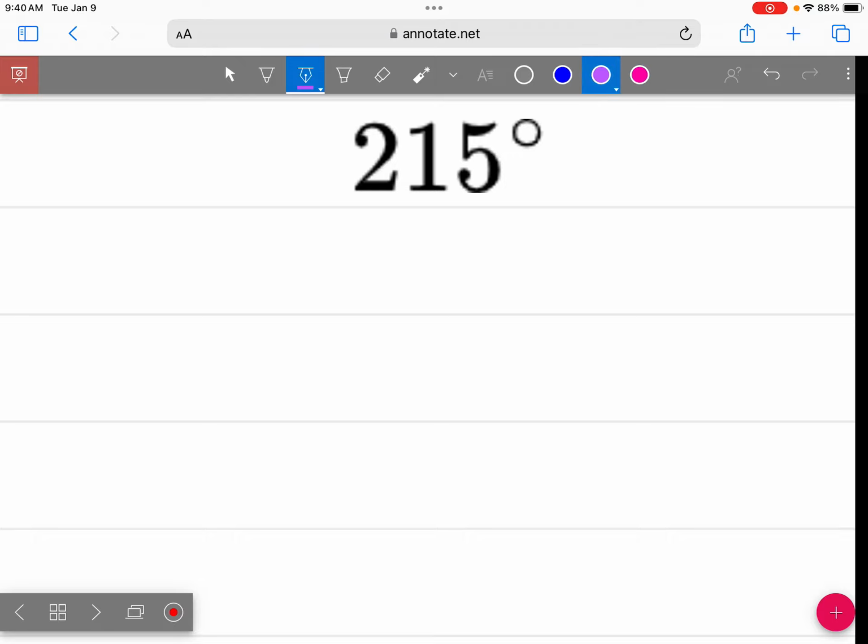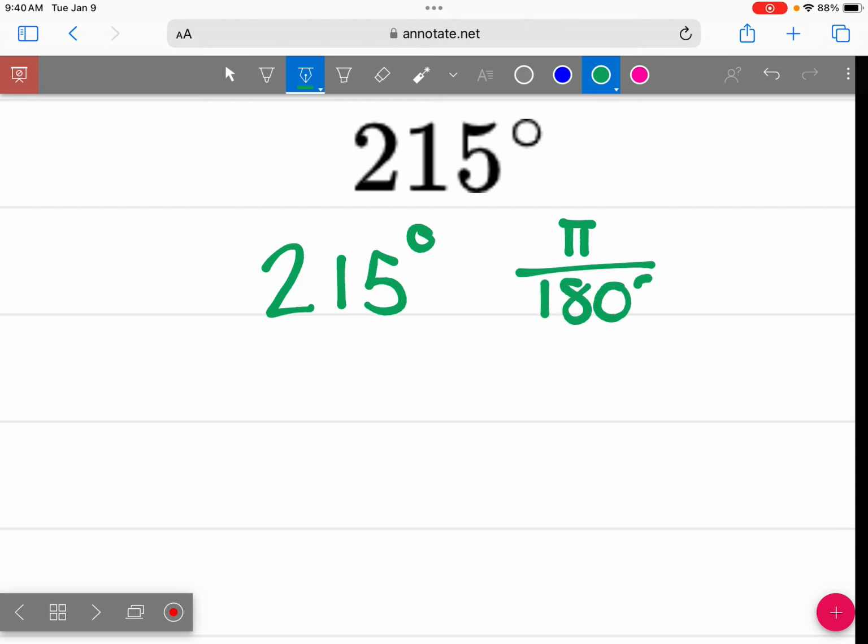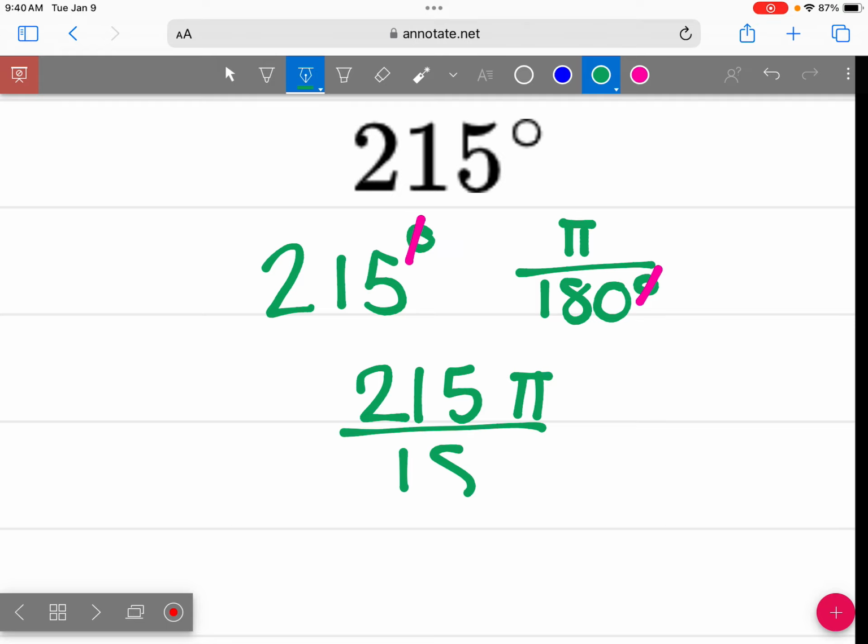Same thing with the 215 degrees, and we're going to do pi over 180 degrees. Makes my degrees cancel out. 215 pi over 180.